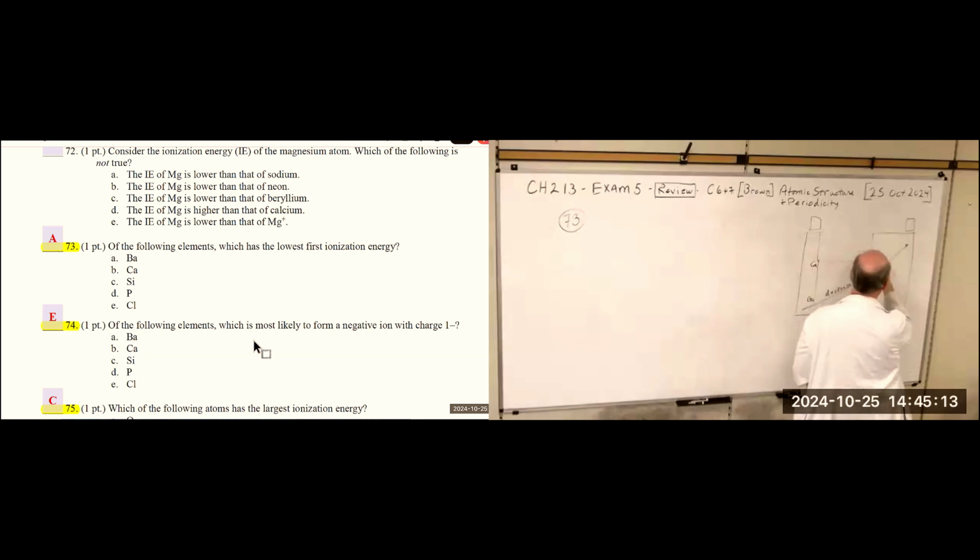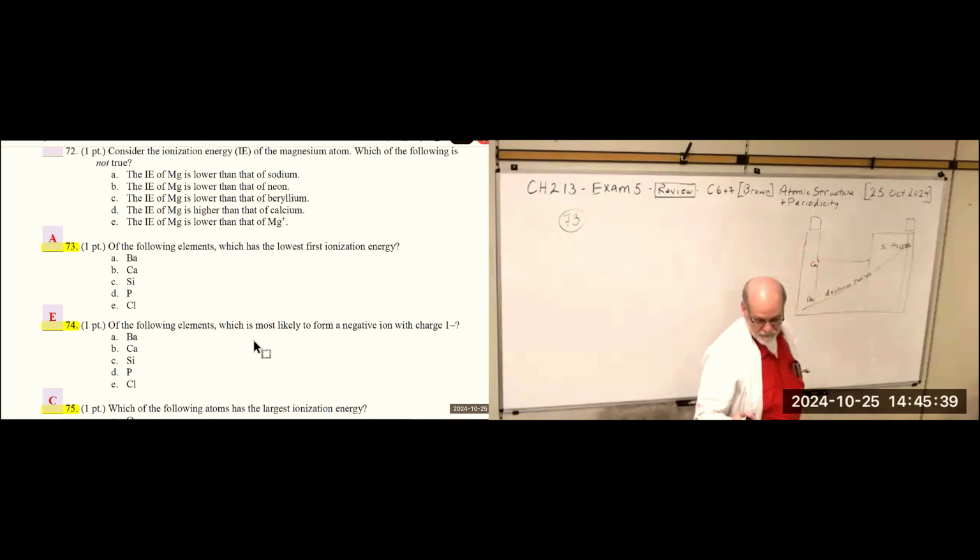Silicon is over here under carbon, and phosphorus is right next to silicon. Chlorine is right here; these are noble gases. We've got sulfur stuck in here as a placeholder. But the one with the lowest first ionization energy is the one down and to the left. That would be barium. That would be A.